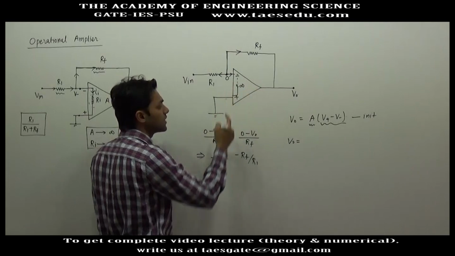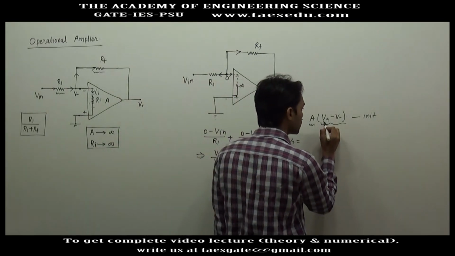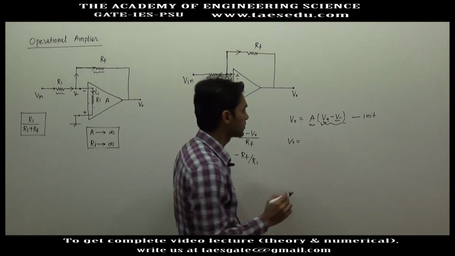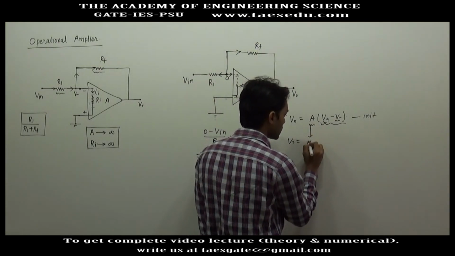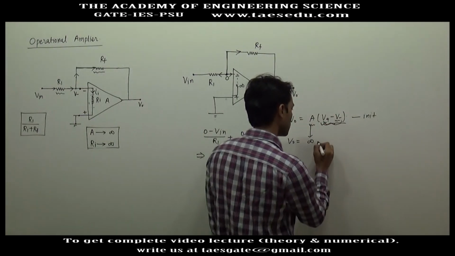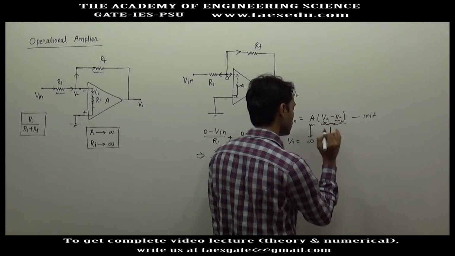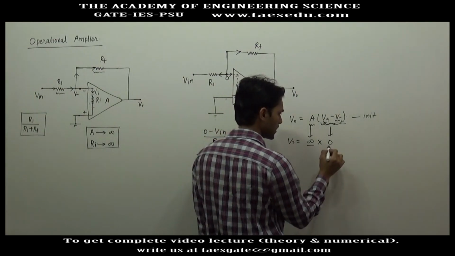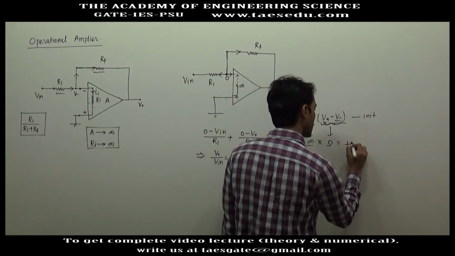Due to negative feedback, these two voltages become approximately equal. So you have an infinite quantity here, but these two quantities become approximately equal, so this quantity will tend to 0. Now the limit of infinity into 0 will give you a finite quantity.